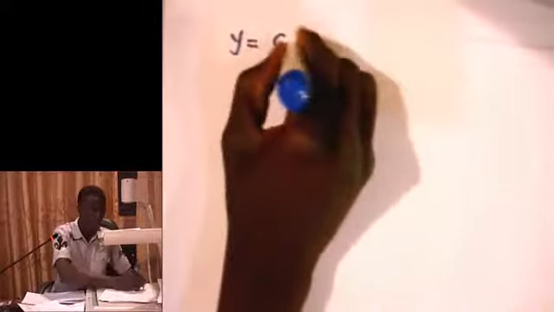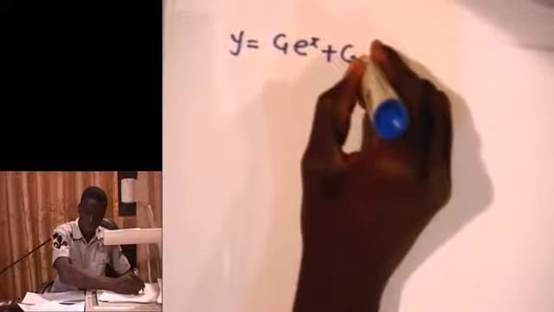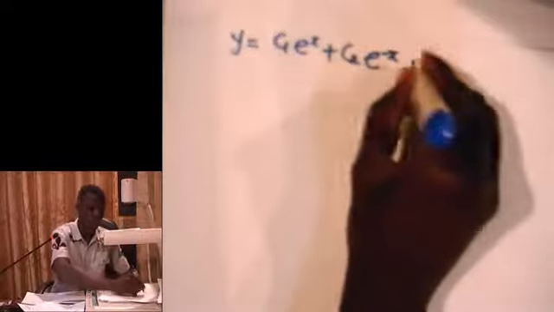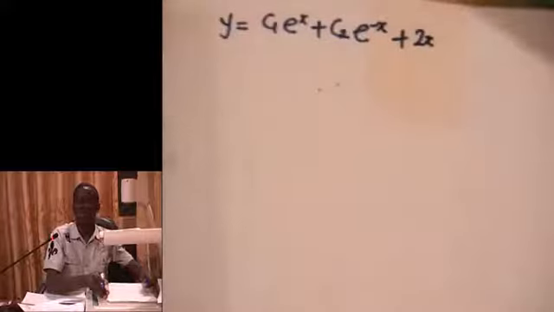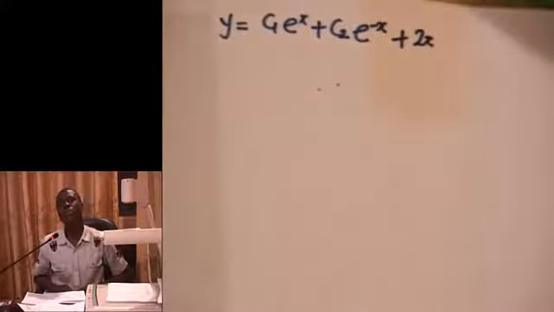Let's look at the third example. Determine the differential equation whose general solution is given by y equals c1 e^x plus c2 e^(-x) plus 2x. This is the general solution. How many arbitrary constants do we have? 2.